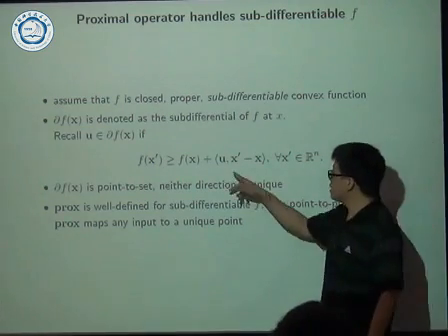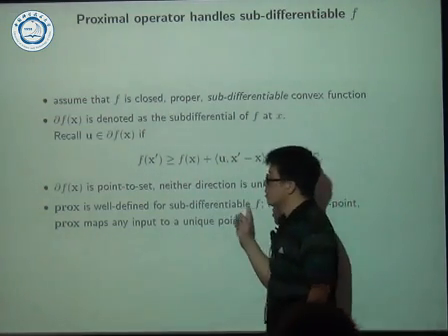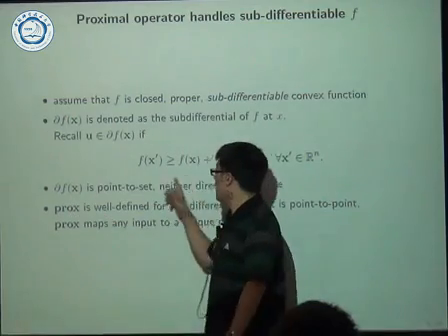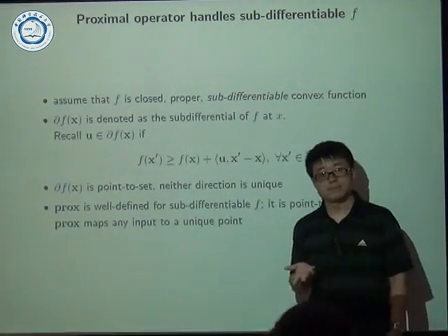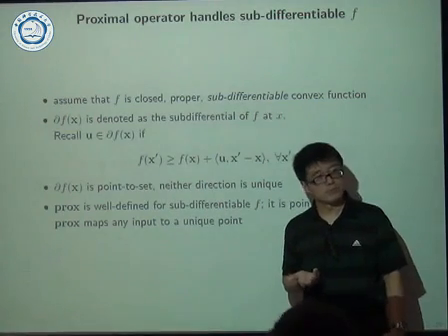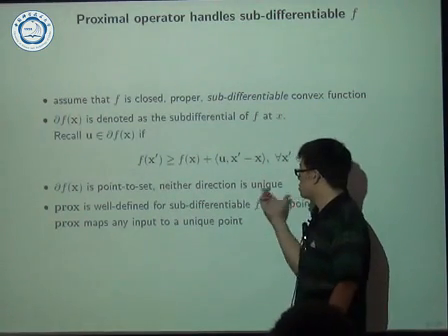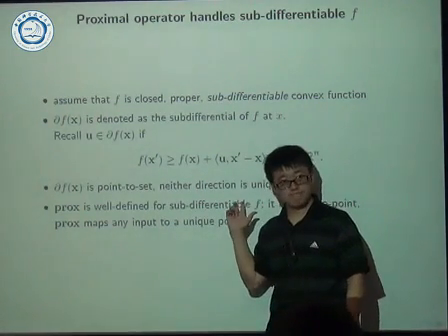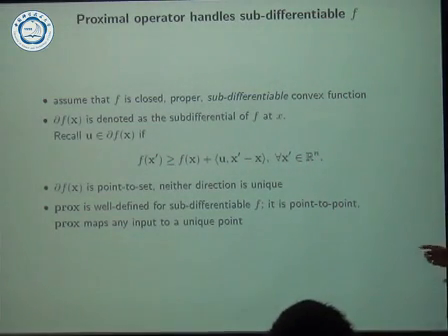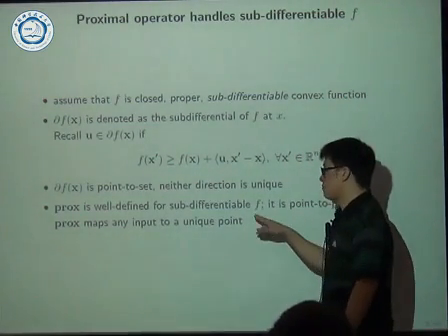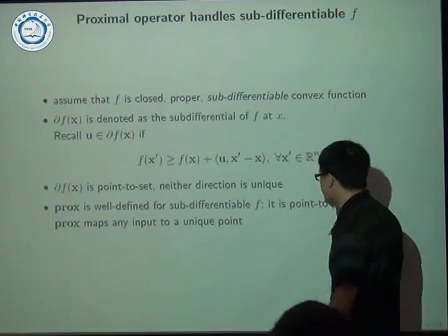So it's point-to-set. Neither direction is unique. If I give you a u and ask what are the points that have this u as a subgradient, it can be many. It doesn't have to be a unique point. But this proximal operator is well defined for subdifferentiable f.